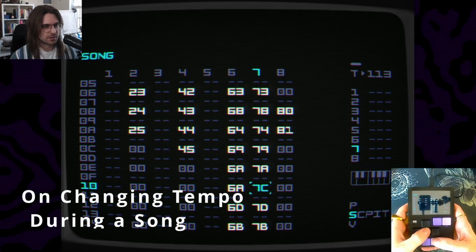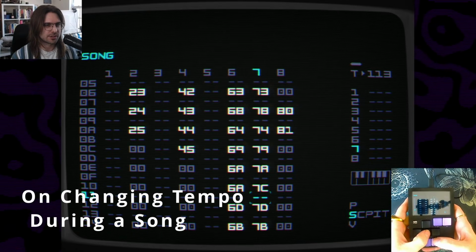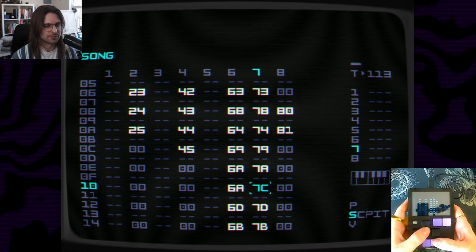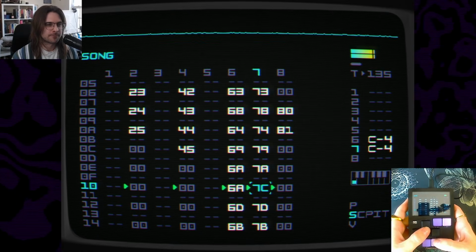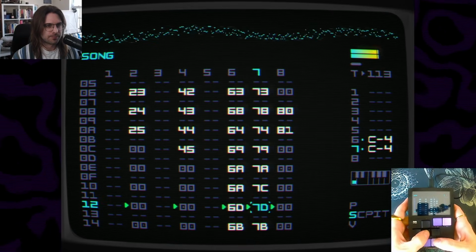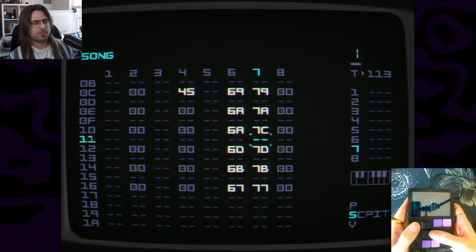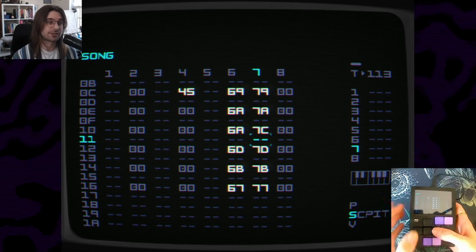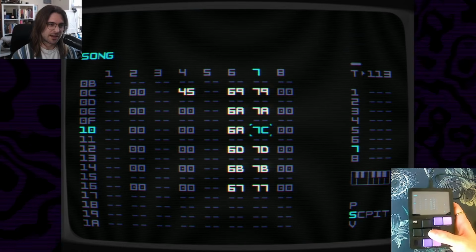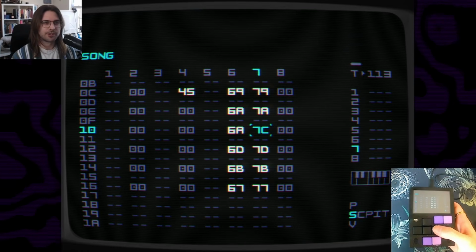So if you listen really closely, when I compare the fake quintuplet to the real quintuplet, you might notice that the snare sounds slightly different. And this is because everything inside of the M8 is governed by the tempo.